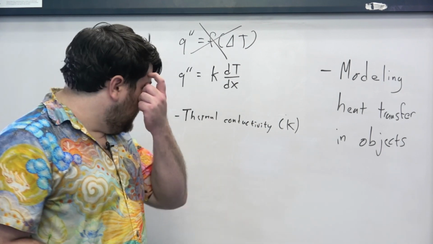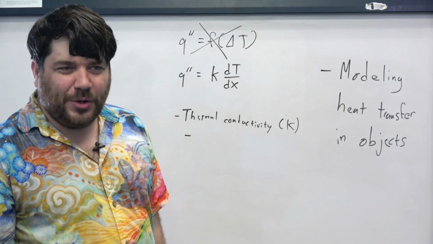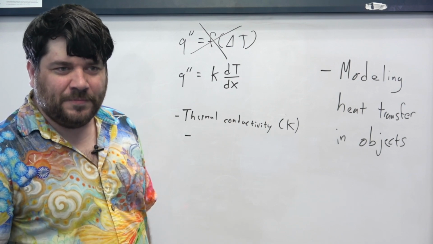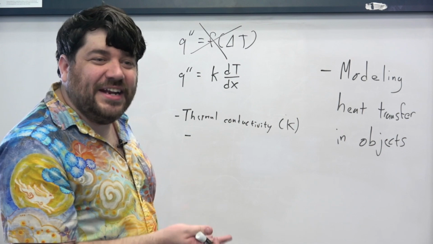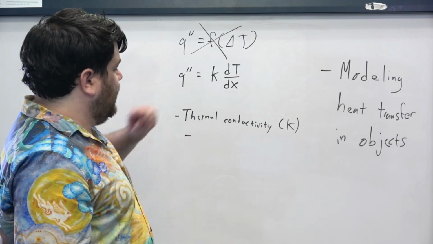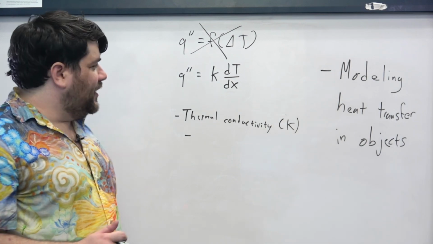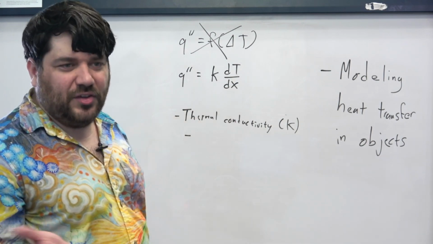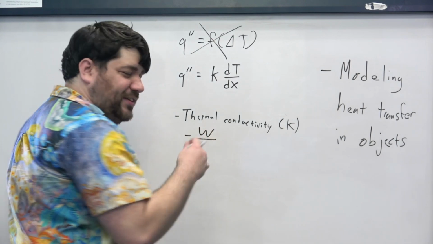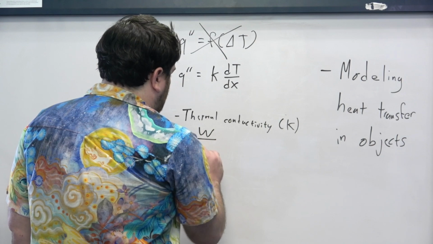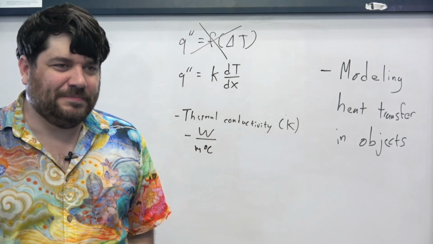And this thermal conductivity, instead of having units of watts per meter squared degree Celsius, because it already has this factor of dT/dx, it has units of watts per meter squared divided by something that has units of degrees Celsius per meter. And that means that thermal conductivities have units, at least in the international system, of watts per meter degree Celsius, or watts per meter Kelvin. Doesn't matter too much.